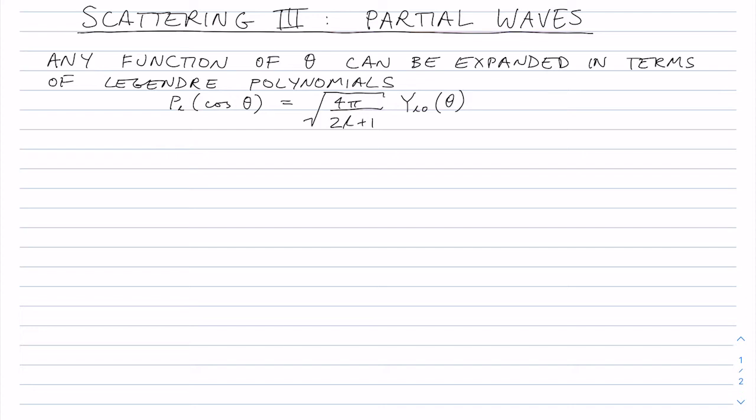I've written it here as the Legendre polynomials in terms of the YLM spherical waves that we met when we were doing the Coulomb problem. So let's just remind ourselves of what those Y functions are.